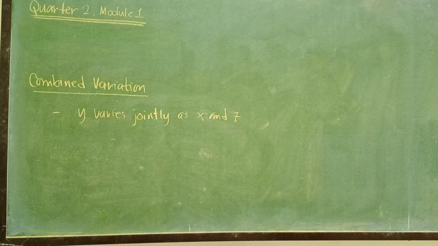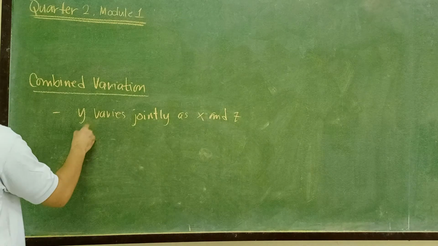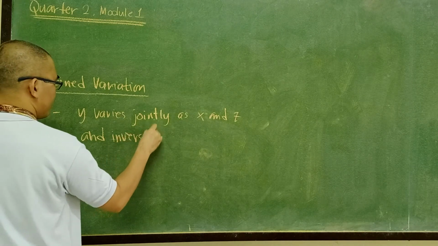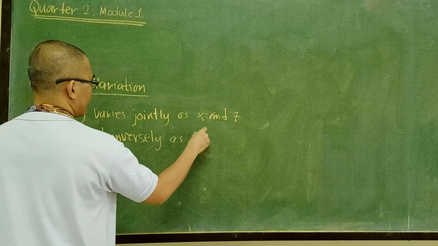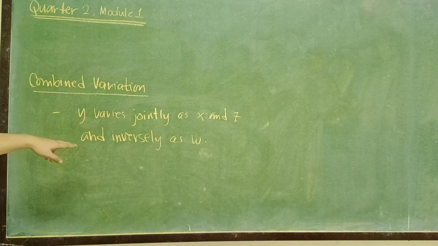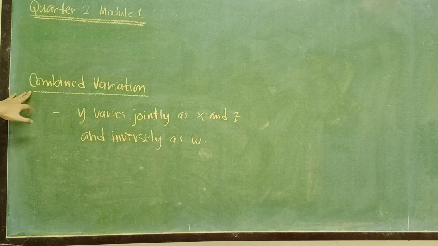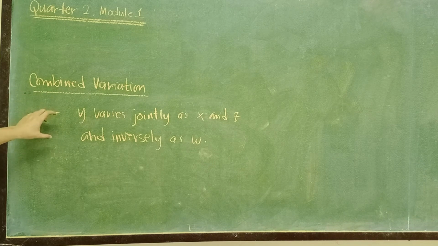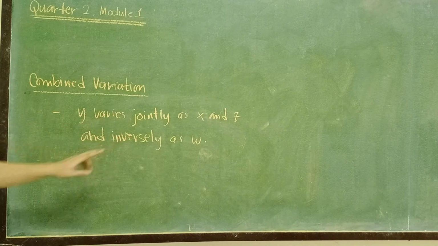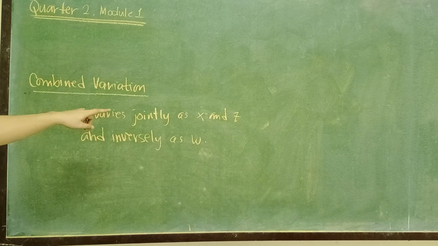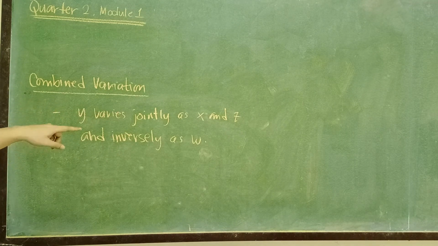So kung mapapansin ninyo, yan na yung first variation natin, yung joint variation. And inversely as w. So ito yung second na variation natin, inverse variation. So sa combined variation, literally combination ng dalawang variation, yung joint at saka yung inverse. So ganito yung mathematical statement niya. Y varies jointly as x and z, and inversely as w.